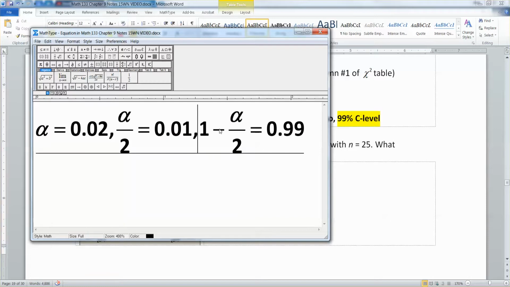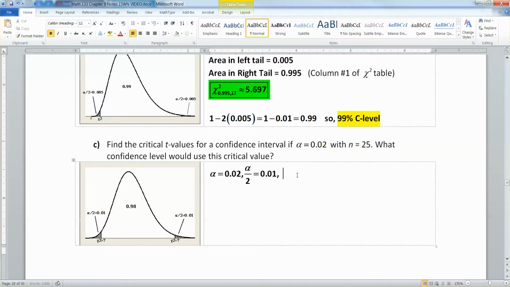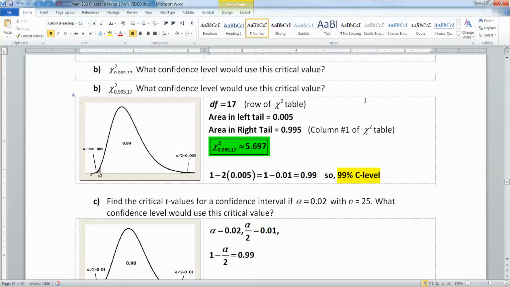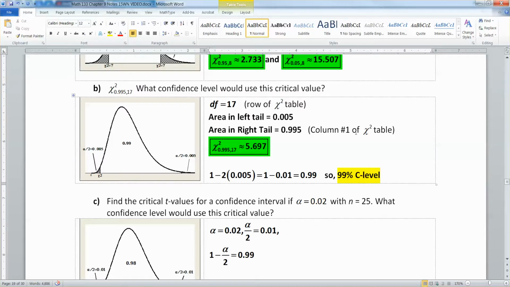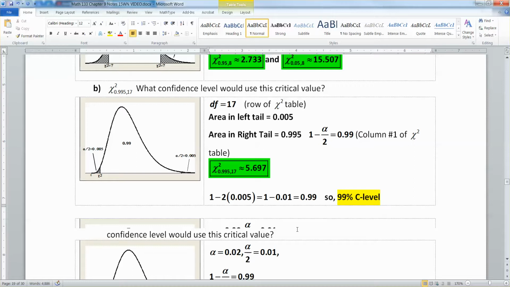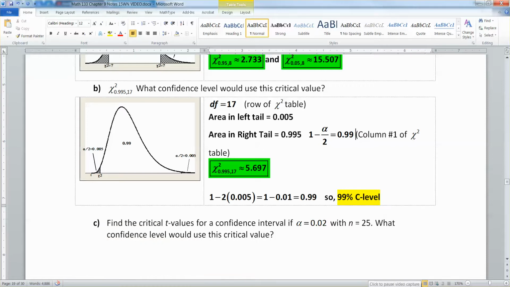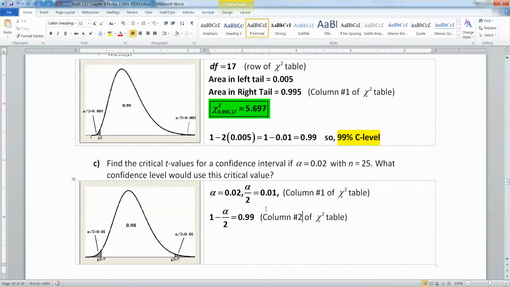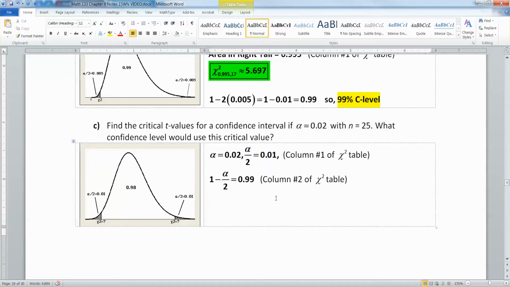I'll put it right here. So one column is going to be 0.01, and then the other column will be 0.99. So 0.01 is column number 1. 0.99 is column number 2.